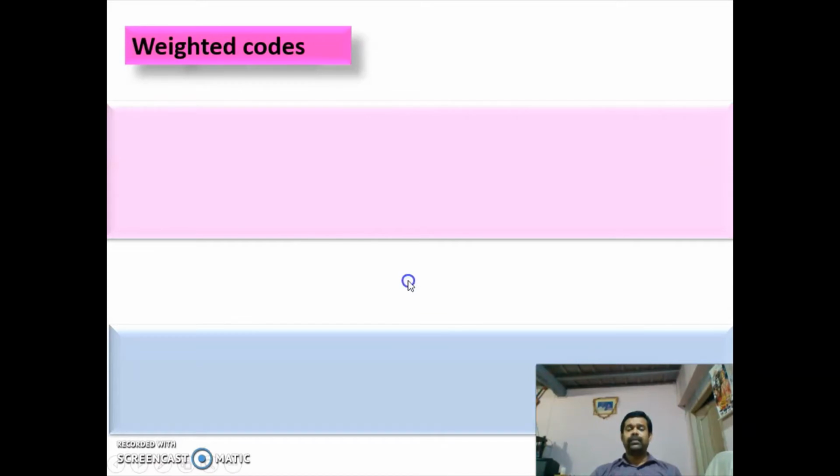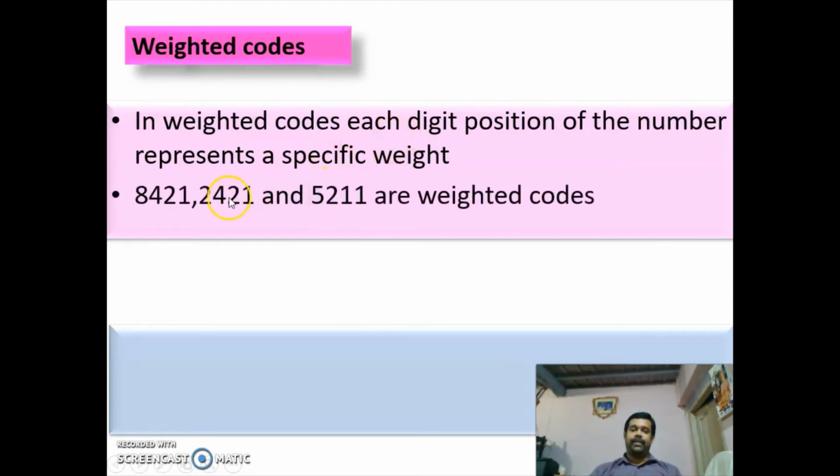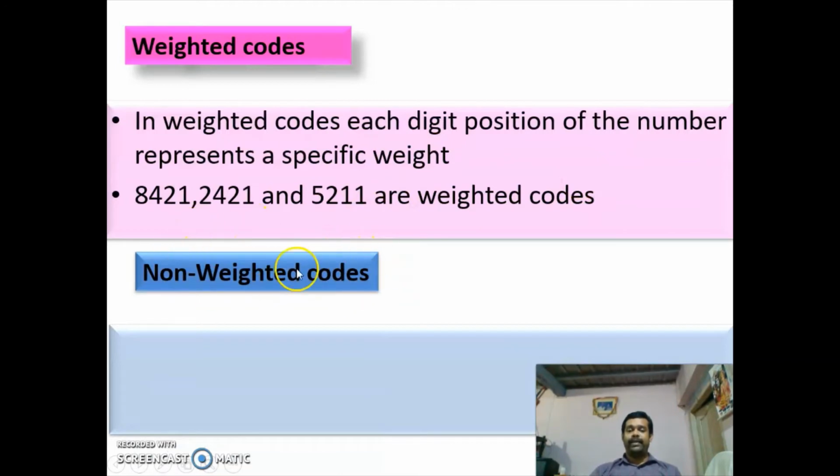Now, what are weighted codes? In weighted codes, each digit position of the number represents a specific weight. So in weighted codes, each position will have a weight. 8421, 2421, 5211 are the weighted codes. Now non-weighted codes.